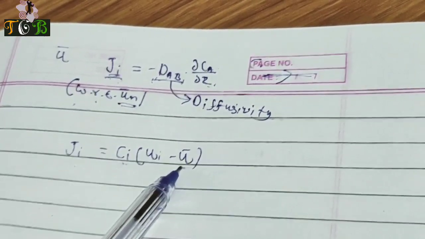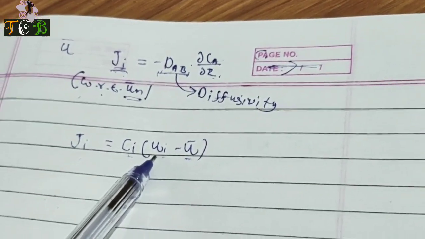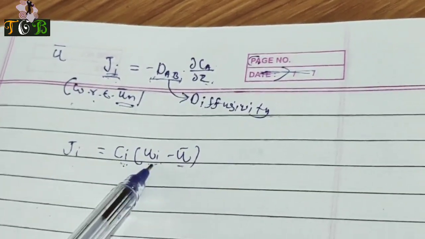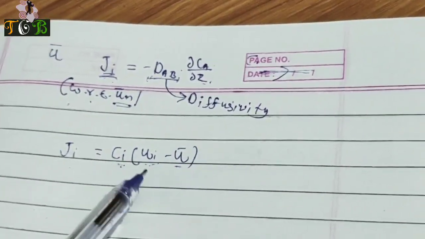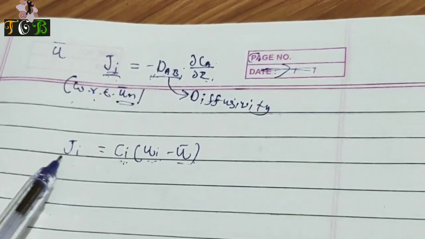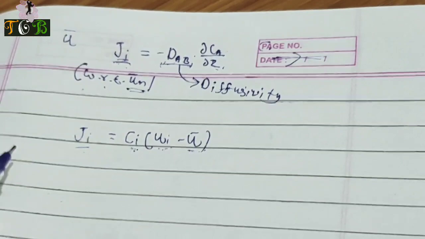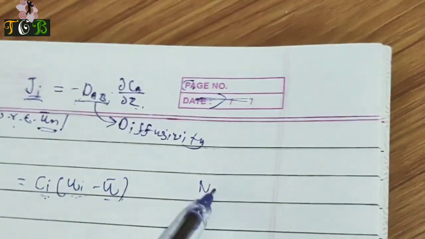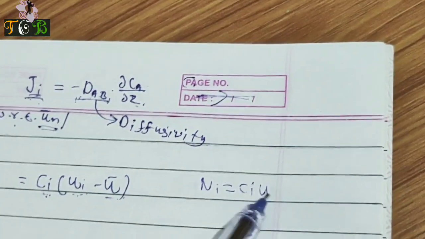Here u bar is our molar average velocity, ui is the actual velocity, and Ci is the concentration. We know that concentration into velocity is flux, but because it is with respect to the molar average velocity, it becomes Ji, not Ni. So what is Ni? Ni was Ci into ui.